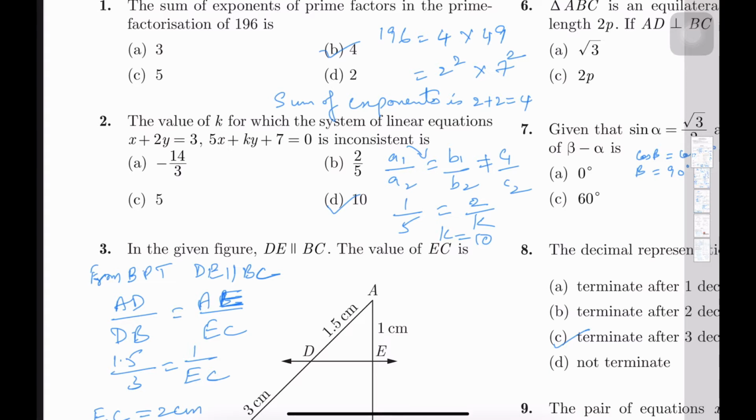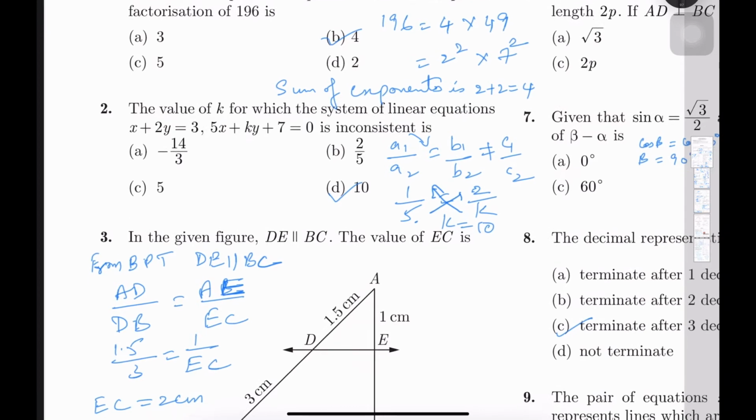So we take a1, a2, b1, b2 from both equations: a1 as 1, a2 as 5, b1 as 2 and b2 as k. Equating, 1 by 5 is equal to 2 by k. With cross multiplication, k is equal to 10. So D is the answer for the second one.